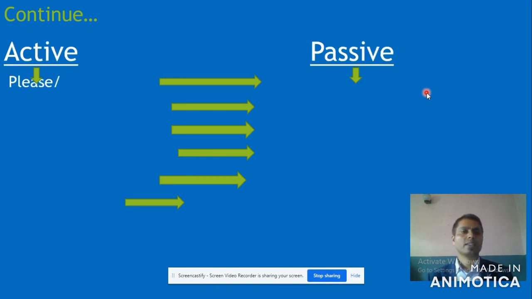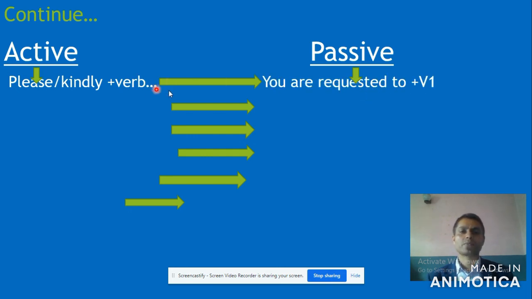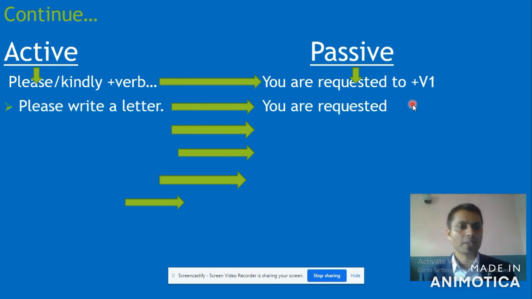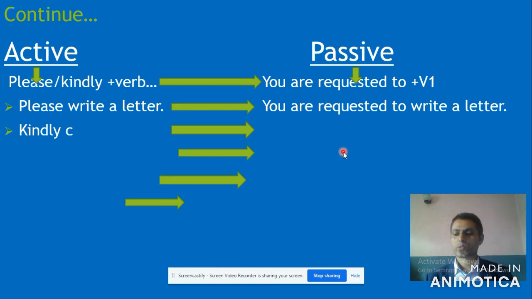Having please or kindly in active voice plus verb, we change it into you are requested to plus verb. It will be clearer from the example sentence. Please write later. Then in passive, from this structure we write, you are requested to write later. Got it?